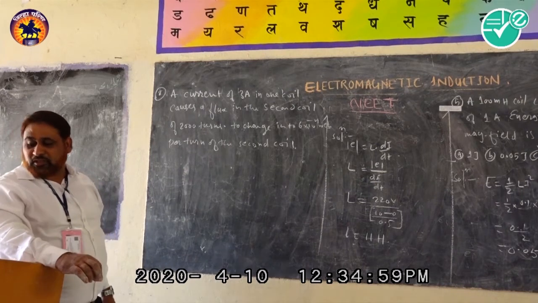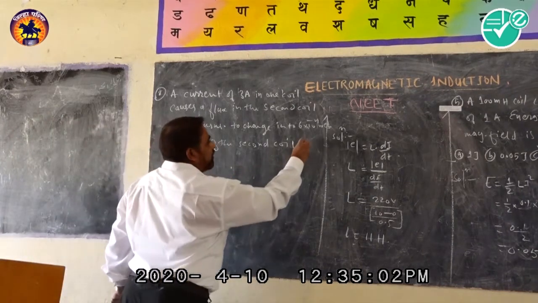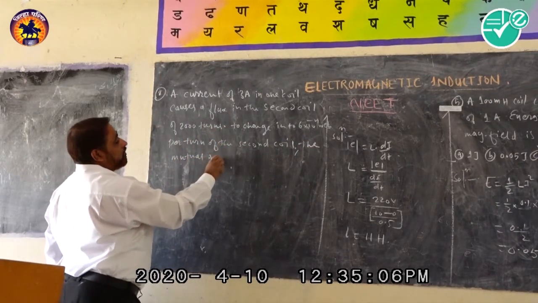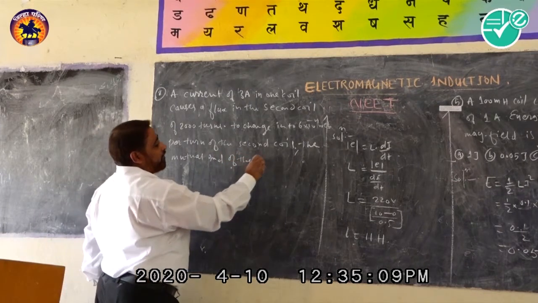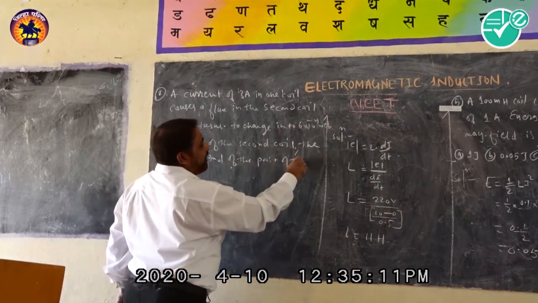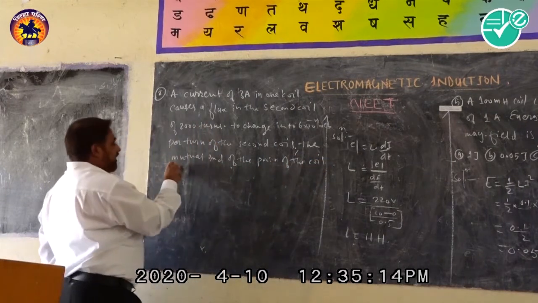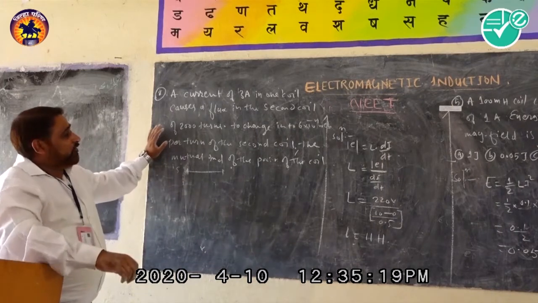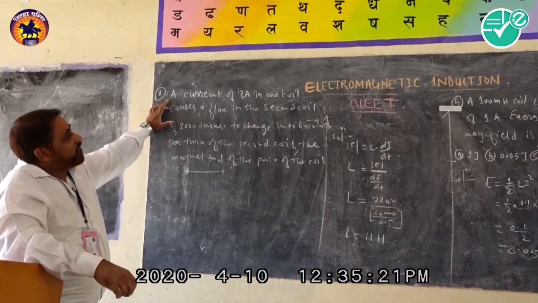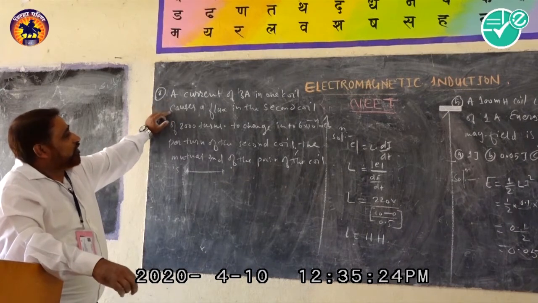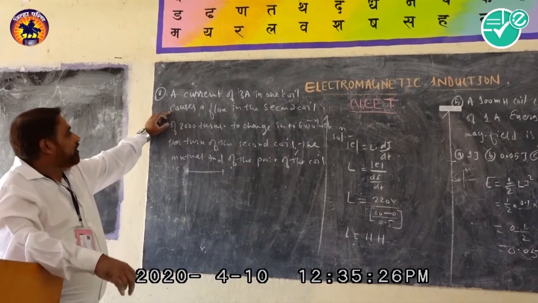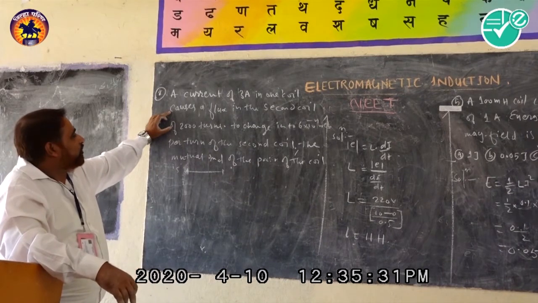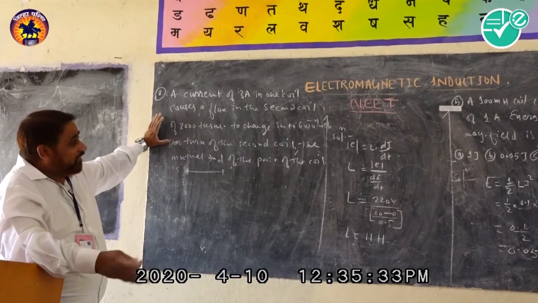The mutual inductance of the pair of coils is dash dash. So are you getting here? There is a pair of coils. In one coil, a current of 3 ampere causes a flux in the second coil of 2000 turns to change by 6 into 10 to minus 4 Weber per turn of the second coil.